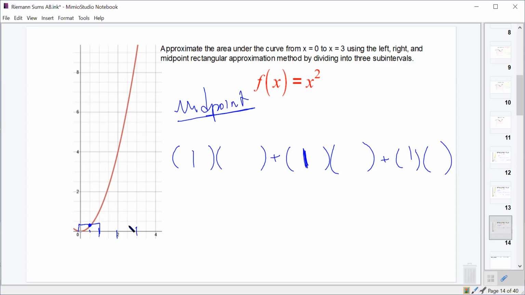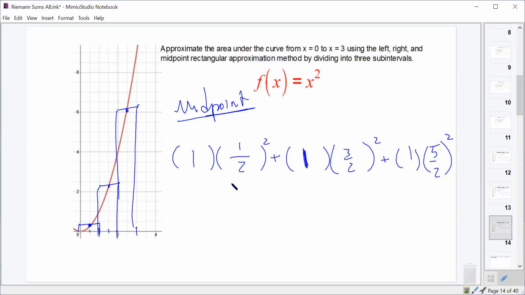1, 1, and 1. And what's the height of our function when x equals 1/2? A quarter. It's 1/2 squared, right? And what about at this next one? At 3/2, we're going to go up and make our rectangle. And that should be 3/2 squared. And the last one should be 5/2 squared.